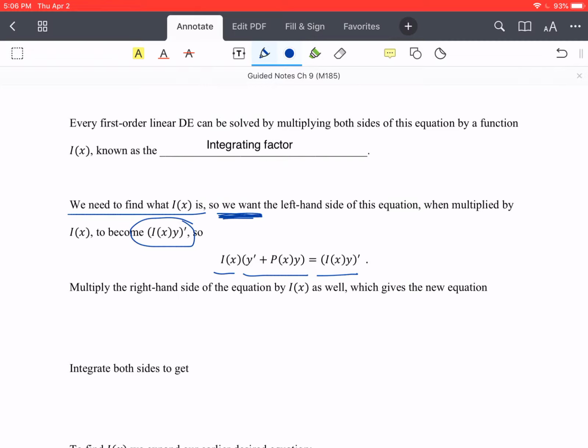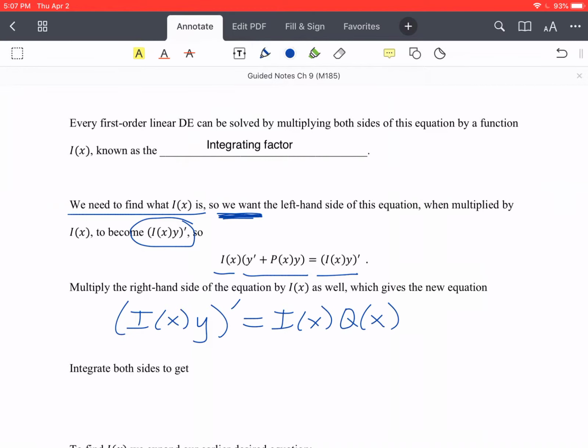Okay, so let's multiply the right-hand side by I of x as well. And the right-hand side, if you recall, that was just q of x, right? So this is I of x times y quantity prime equals I of x times q of x. Okay, so we multiplied the right-hand side by I of x.